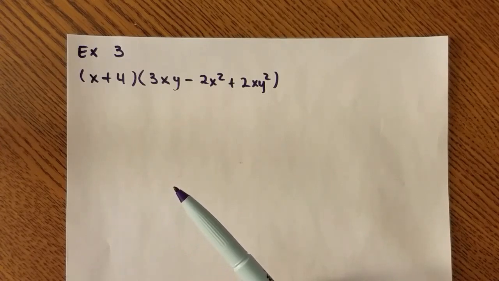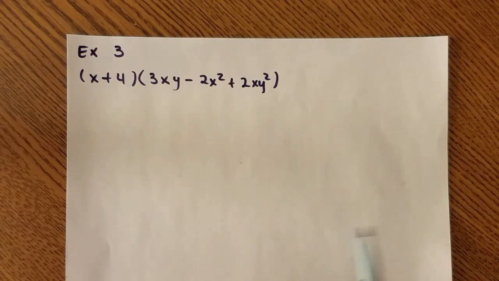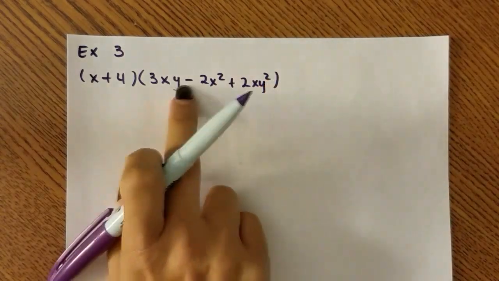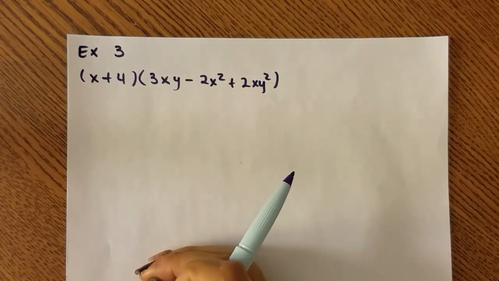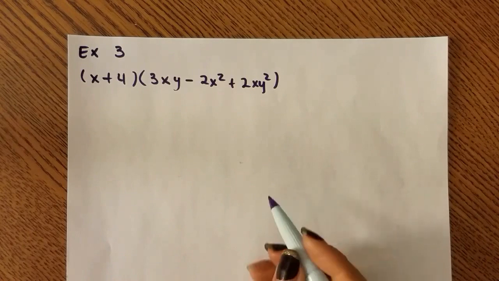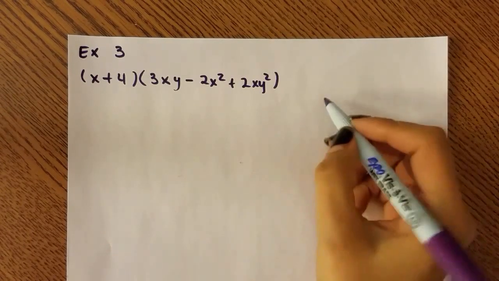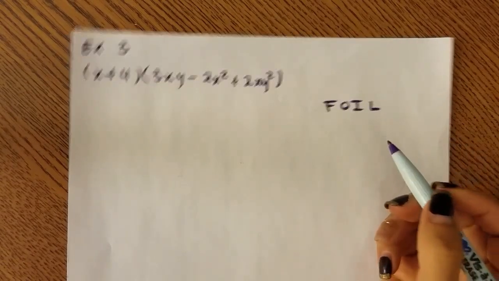So when I went over multiplying binomials times monomials, whatever was in the bigger one, that's how many terms you had. So here I have 1, 2, 3 terms, so in my final answer, I should also have 3 terms. And you're still going to follow the FOIL method here. It's just you're going to have more inner terms.